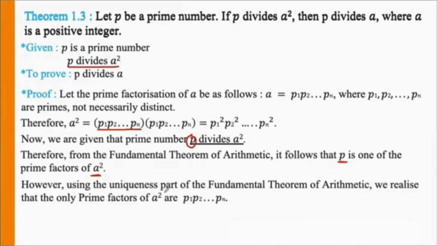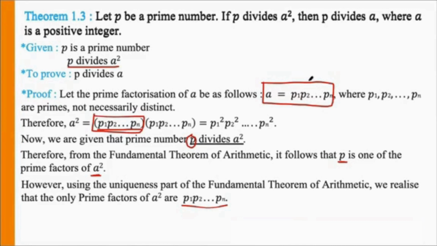However, using the uniqueness part of the fundamental theorem of arithmetic, we realize that the prime factors of A square are P1, P2, Pn, because that's what we have taken as A, and A square, being a square of A, will also have the same prime factors.